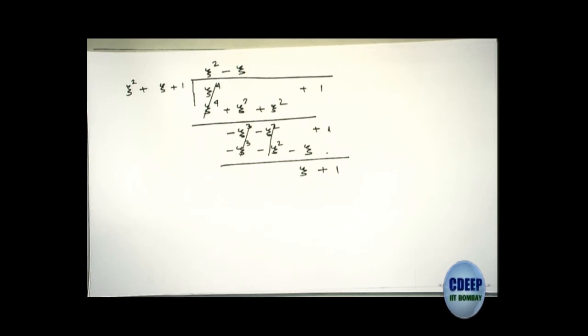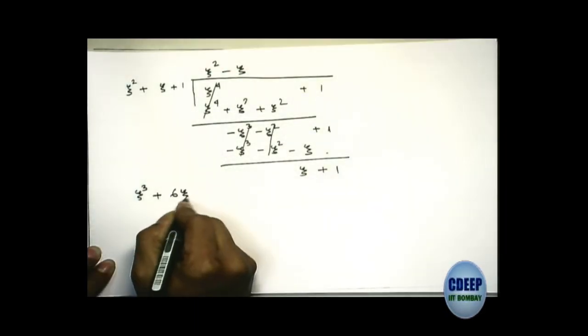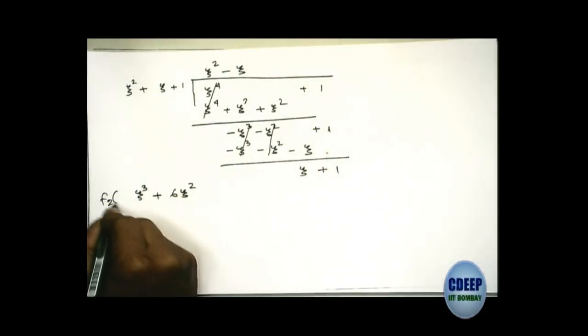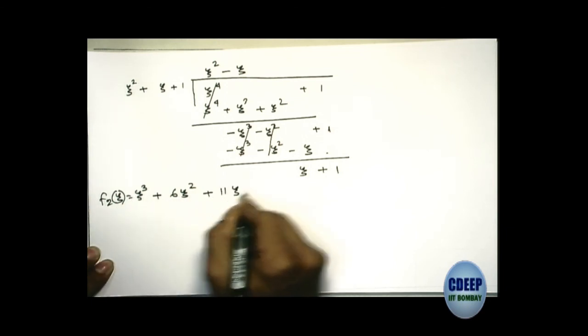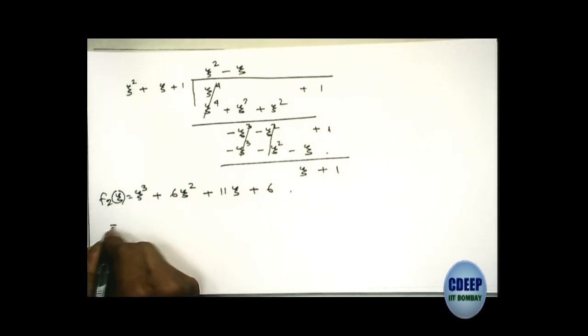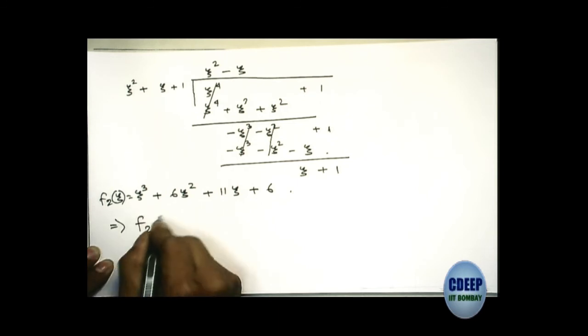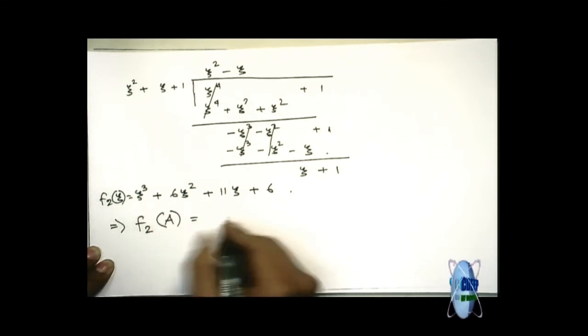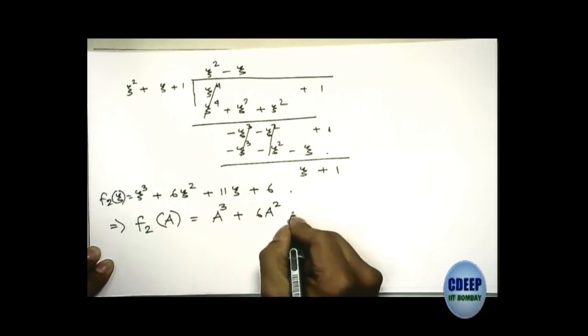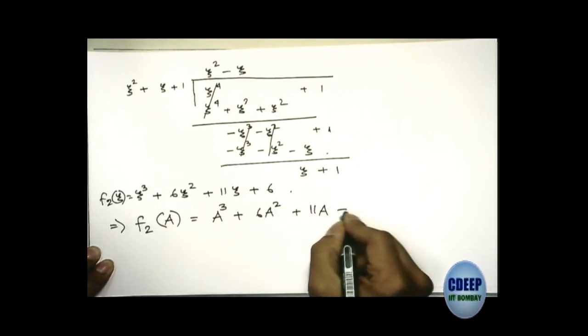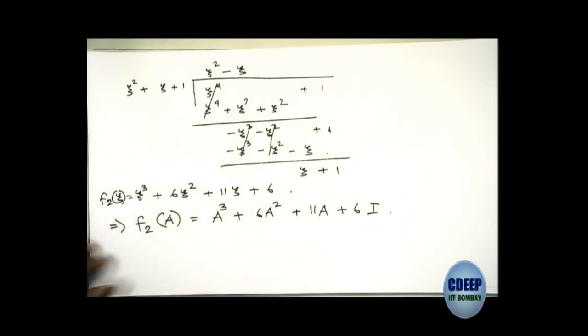we were to find out the remainder of another polynomial. We had xi cube plus 6 xi squared plus 11 xi plus 6, this was f2 of xi. How do I find out the remainder? Well, very simple, do f2 of A, which would be A cubed plus 6 times A squared plus 11 times A plus 6 times identity.